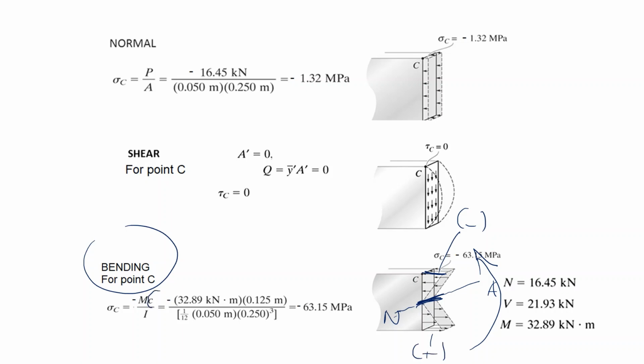When you put for the top part plus 0.125, and this is my moment, and this is my moment of inertia around the neutral axis, you find that the stress in C is minus 63.